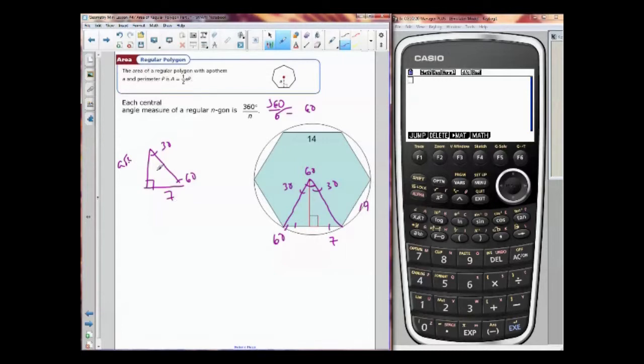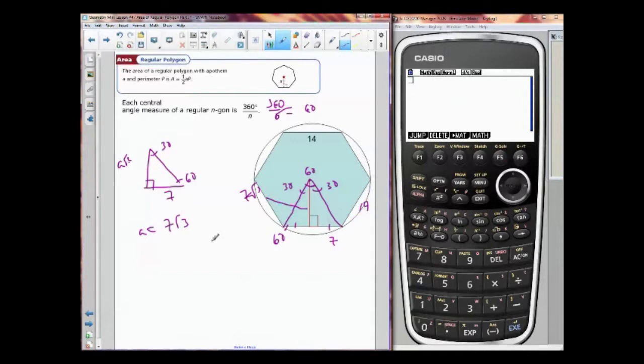So this side right here is 7 radical 3. So we have 7 radical 3 as my apothem, little a. And this radius is going to be 2a, which is 14, because it's equiangular and equilateral on a hexagon, your radius is going to equal your side.